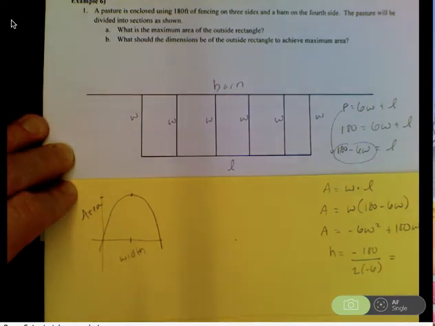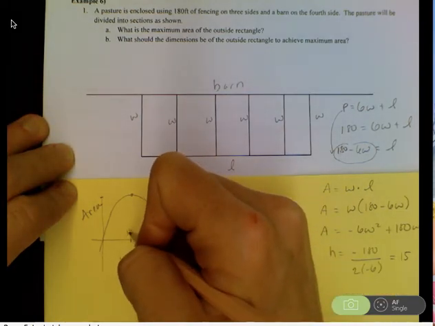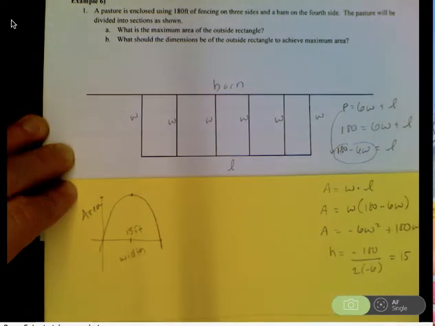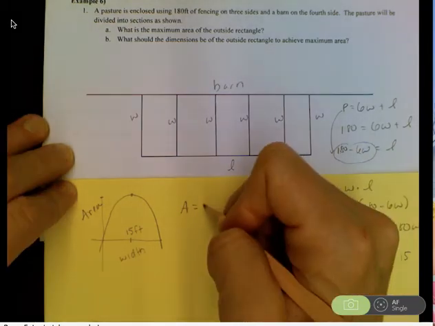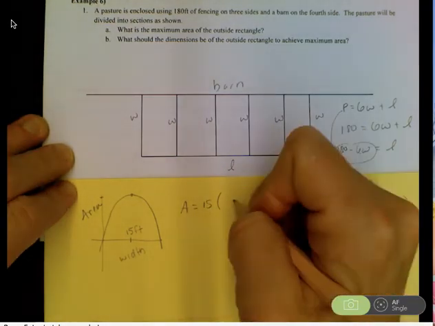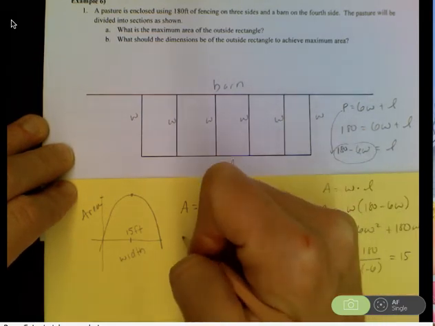Let's see what 180 divided by 12 is. That gives us 15. So we need a perfect width of 15. In this case, we're using feet. And then our area is going to be our width of 15 times 180 minus 6 times the 15.